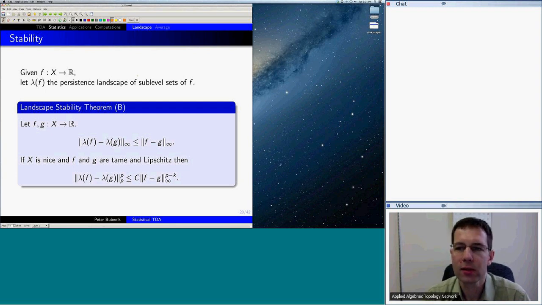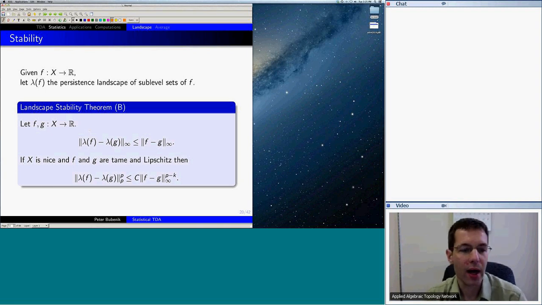And I mentioned that this is stable. So we have similar stability theorems as for persistence diagrams. We have an L infinity version, which is almost identical to the one we have for bottleneck distance.